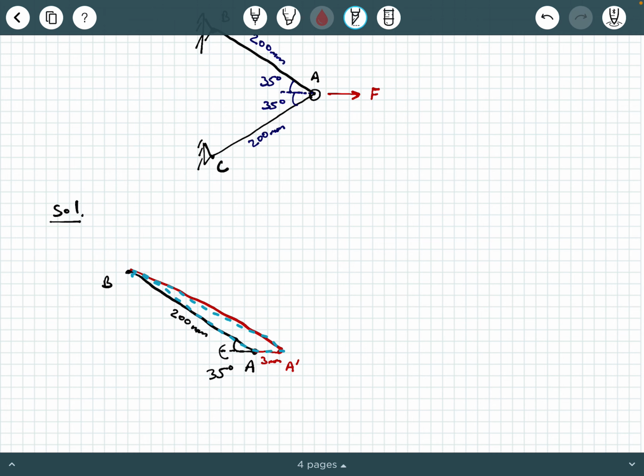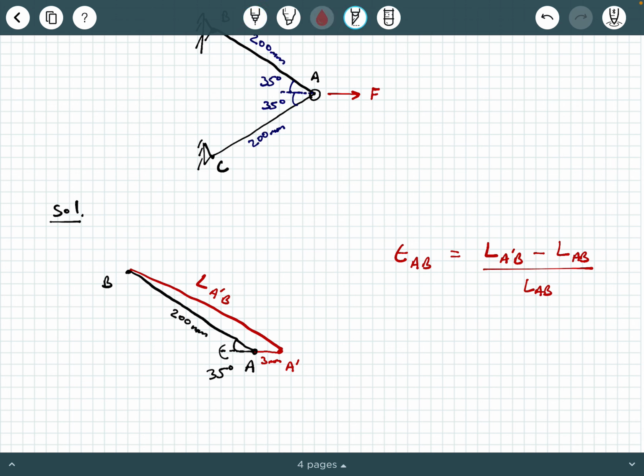So the question becomes, how do we get the strain in that wire? And remember, whatever happens in AB is going to be the same as AC, so we only have to do this once. So this length right here, I'm going to call the length of A prime B. Now, when we want strain, the strain in AB is going to be equal to the length of A prime B minus the length of AB, all divided by that length of AB.